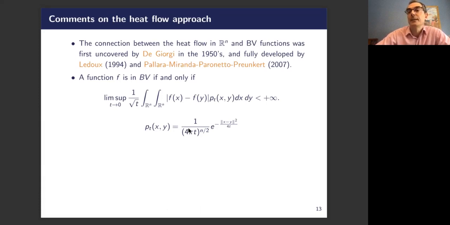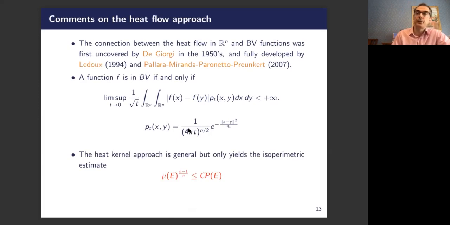So this is a heat kernel characterization of the space of bounded variation functions. That is, this is an if and only if. And this heat kernel characterization of the BV space allows us to import all the techniques from heat equations and from heat kernels to the study of the space of BV functions.